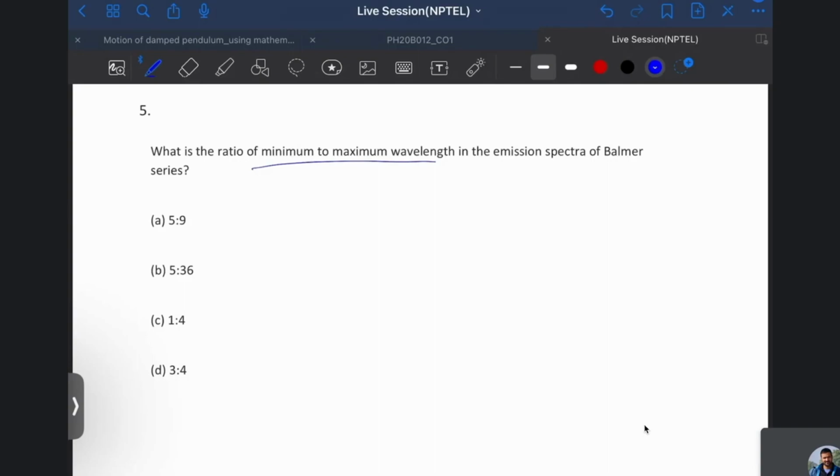As I mentioned, for Balmer series we have this formula, 1/2² minus 1/n², n going from 3, 4 to above.